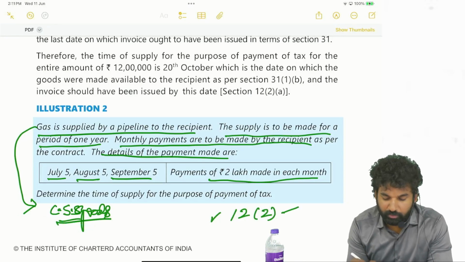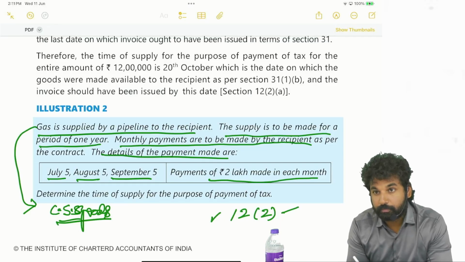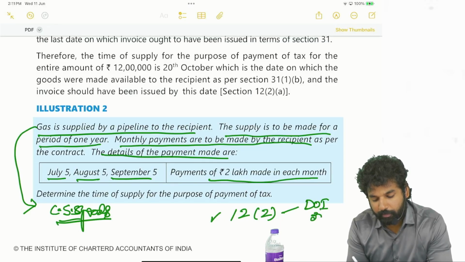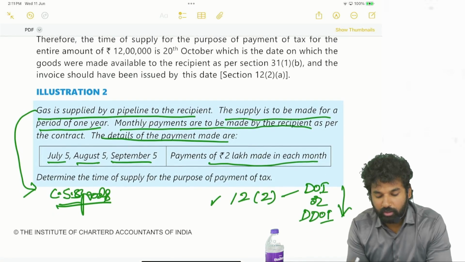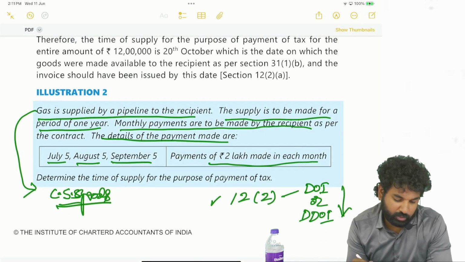So what is the provision? Date of invoice or due date of invoice, whichever is earlier. So what is the date of invoice and due date of invoice? You tell me.